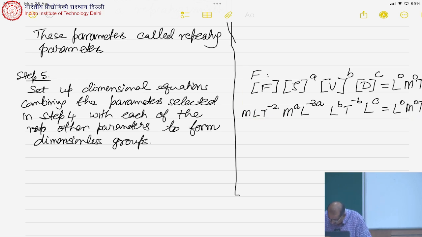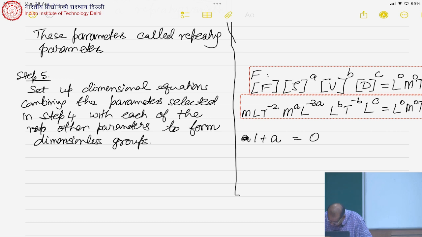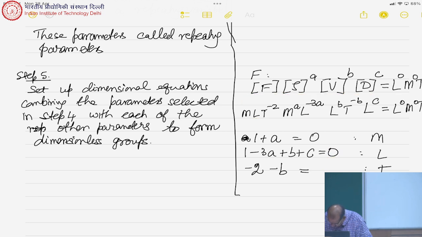So now let's equate. So we get, sorry, 1 plus a is equal to 0 from M, and then I do L. From L I get 1 minus 3a plus b plus c is equal to 0, and for time, minus 2 minus b is equal to 0.